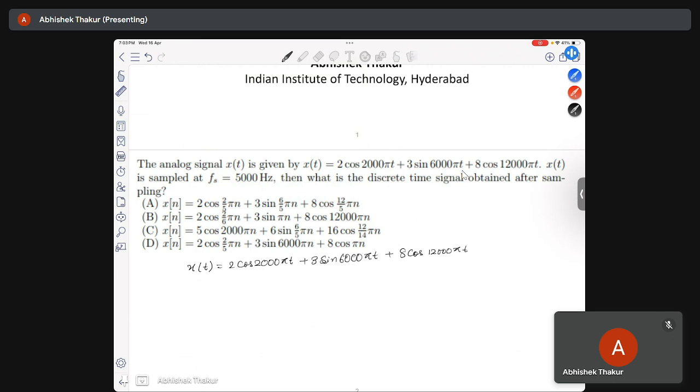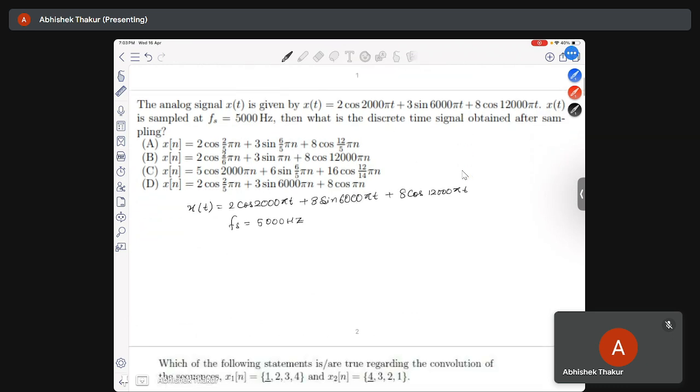Now x(t) is sampled at the sampling frequency Fs given as 5000 hertz. So what is the discrete time signal obtained after sampling?